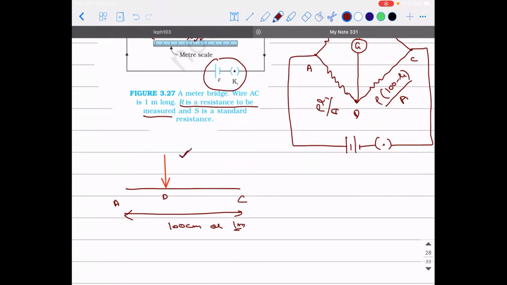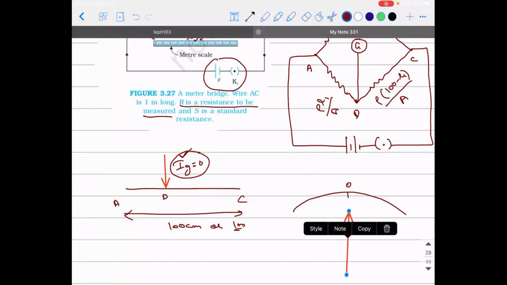At this instant, what will happen, guys? Can you tell me? IG will be equal to 0. So in a practical application, how can you find IG is 0? Just like this. If I take this as the galvanometer with the reading at the center as 0, now this is IG 0, no? If you move to the right of D, then you can see a deflection in the galvanometer to the right.